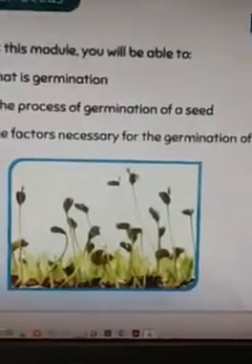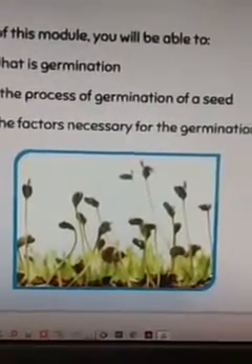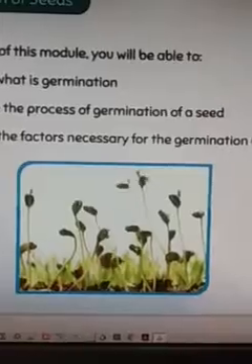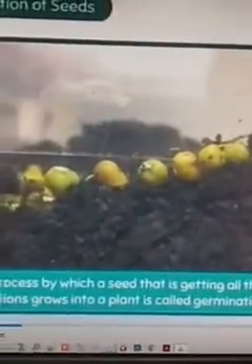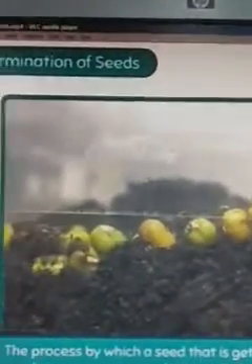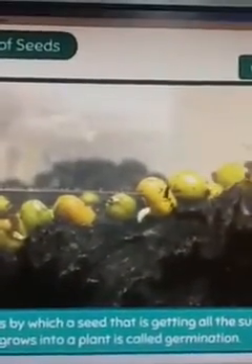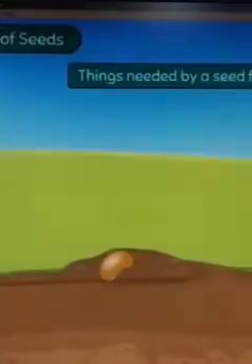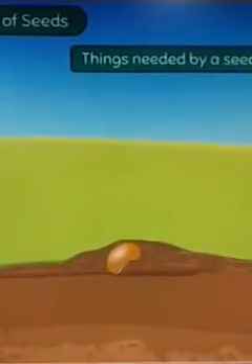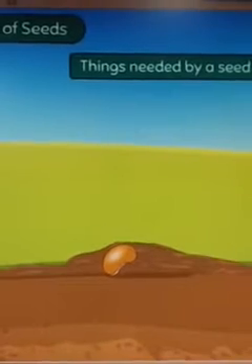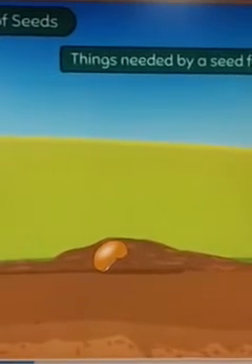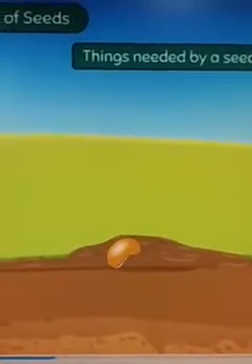Plants bearing flowers and fruits have seeds inside. When we sow the seed, it goes in the soil. This process takes place inside the soil. See, germination takes place.